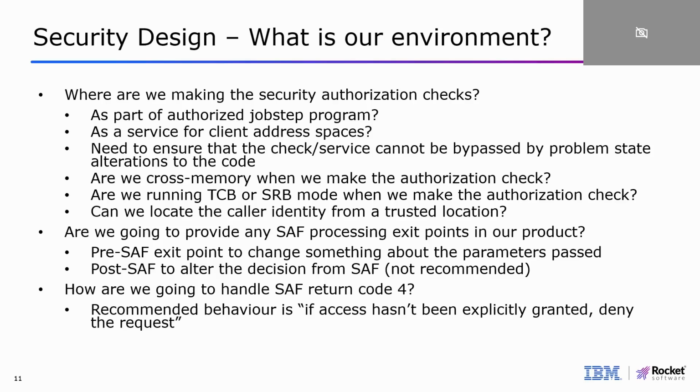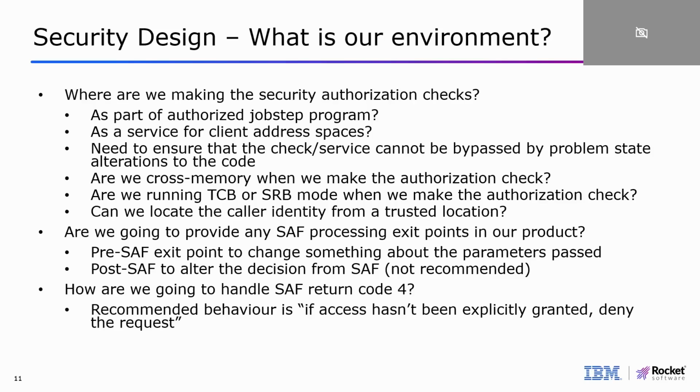Are we in some sort of exotic state? Are we cross memory? Are we SRB mode? Those sort of considerations are very important to design which classes we use and which service we use to do the authorization check. And the other thing to think about is, can we locate caller identity from a trusted location?